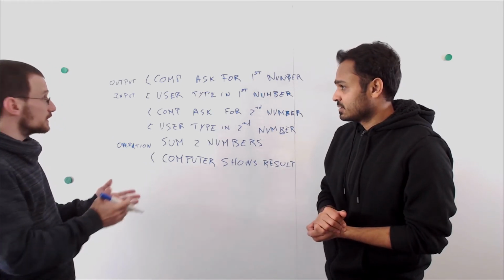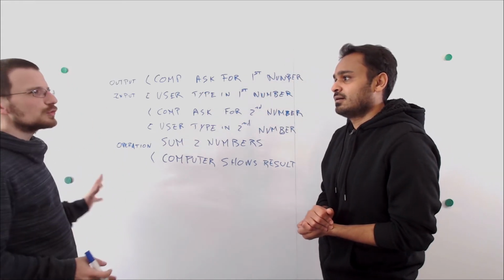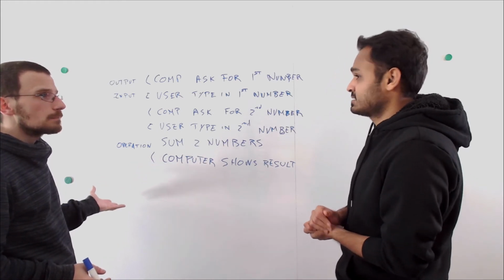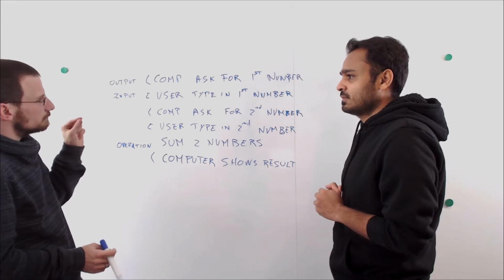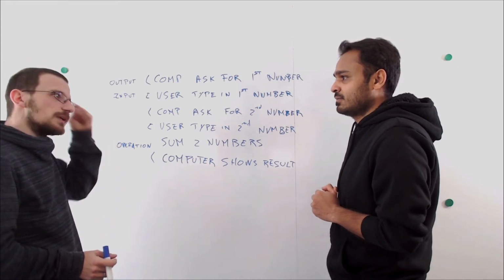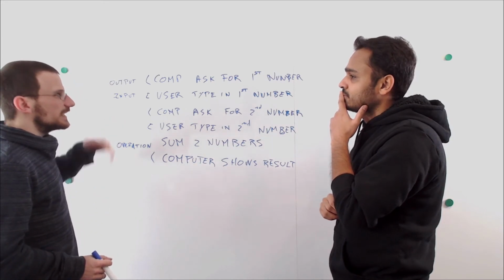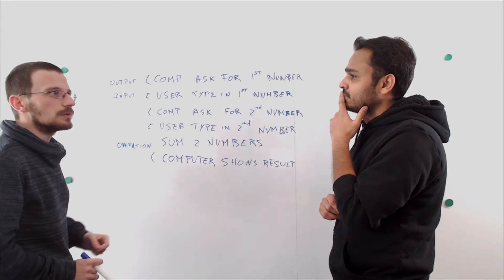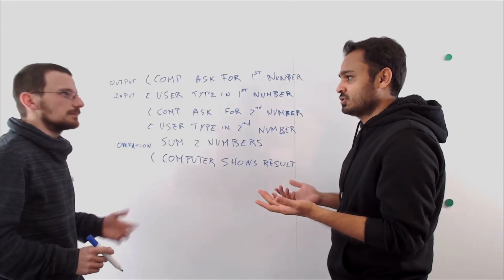Okay, so the third step is designing the algorithm. And we are pretty close to the algorithm here. What we're missing is something we also need. We give numbers, we give information, and the computer needs to remember this information so it can sum and show the results.